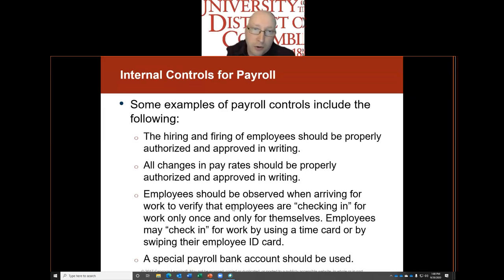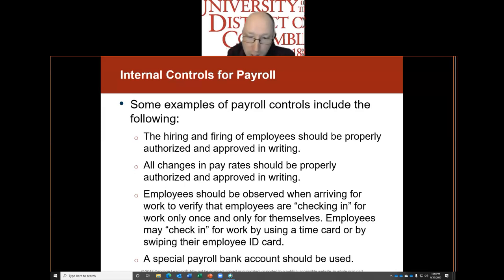There are internal controls for payroll, such as the hiring and firing and promoting and demoting processes that are set by HR within your company. Employees need to observe these types of things. There's a process by which you punch the clock, as they say.